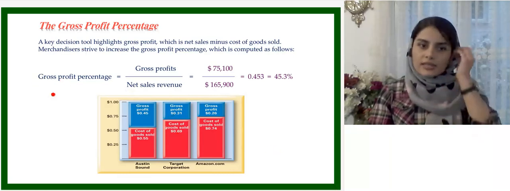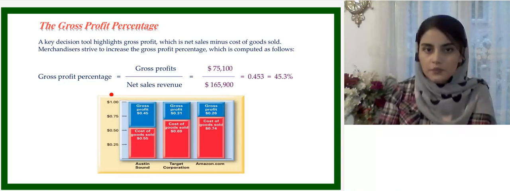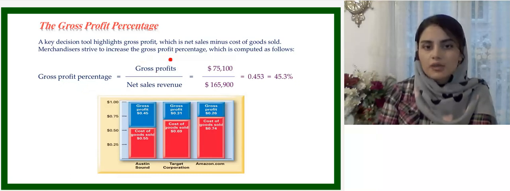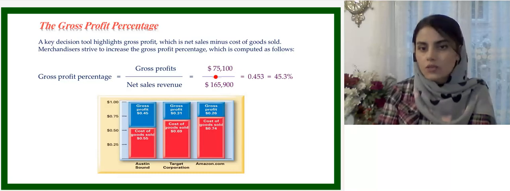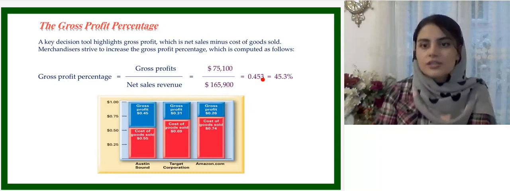Here, you can see the gross profit percentage of Austin Sound Company. The formula for gross profit percentage: at the top, we have gross profit divided by net sales revenue. The gross profit amount is 75,100 and net sales revenue is 165,900.